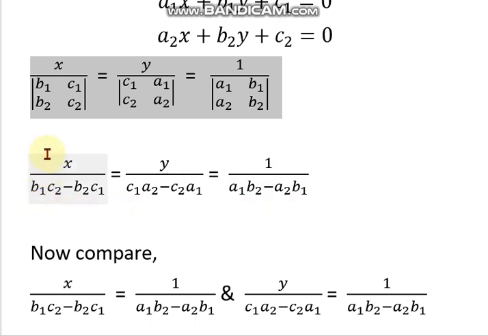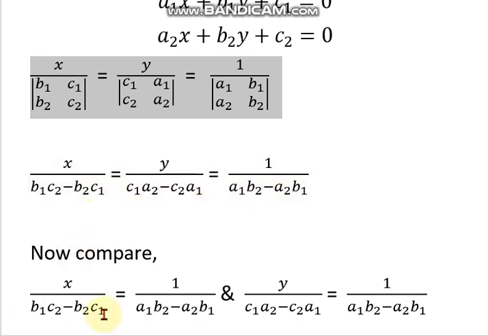So here you can see that x upon b1 c2 minus b2 c1 equals y upon c1 a2 minus c2 a1 equals 1 upon a1 b2 minus a2 b1. Now compare the first term with the last term, because it doesn't contain any variable.